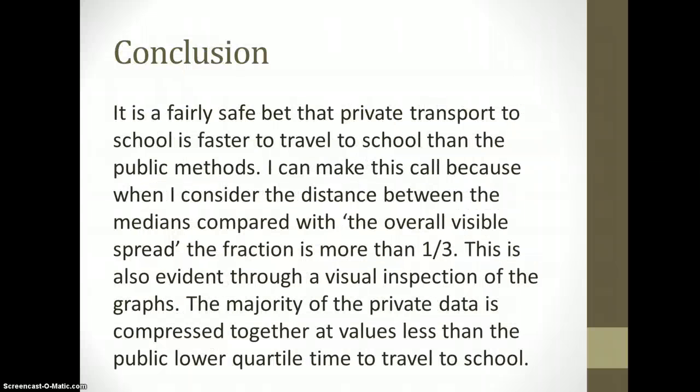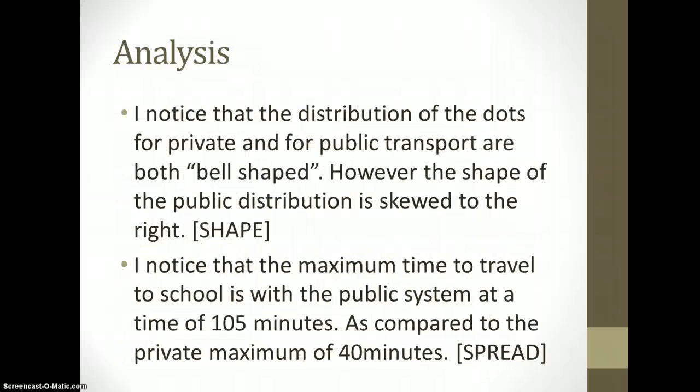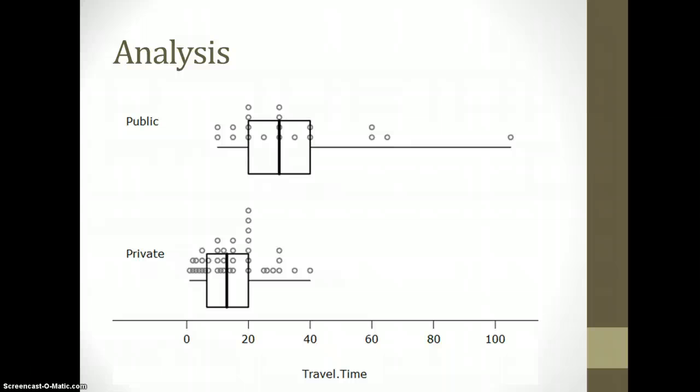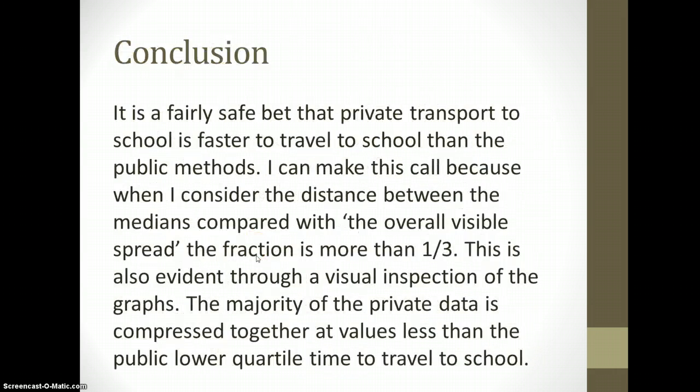Right, so C, I missed out the U and I did SS. I need those three. If I included a U, I could have dropped shape, for example, but I need three. Don't skimp on CUSS. It is a fairly safe bet that private transport to school is faster to travel than public methods. Agreed? Hope so. Okay, let's keep reading.